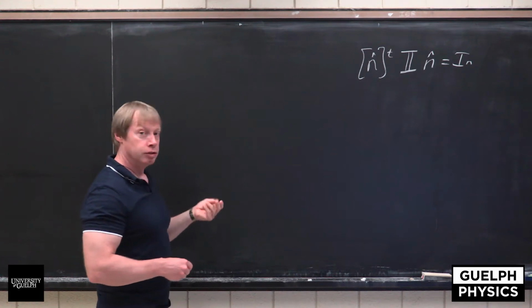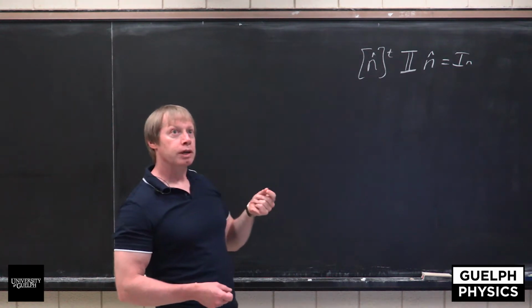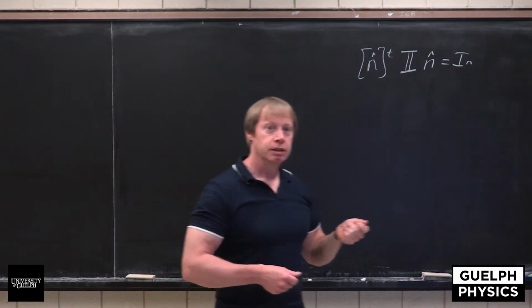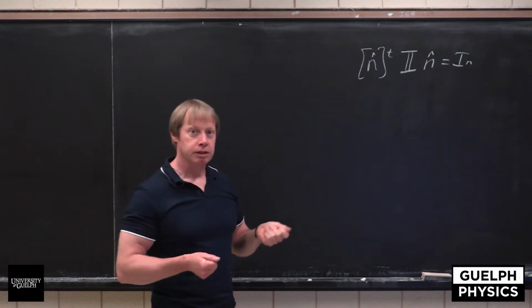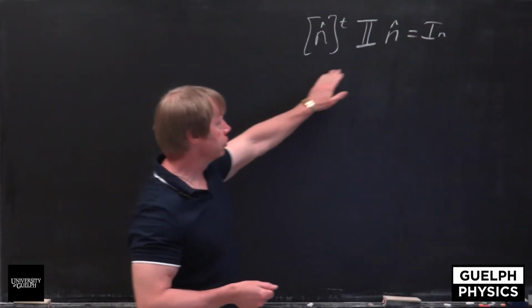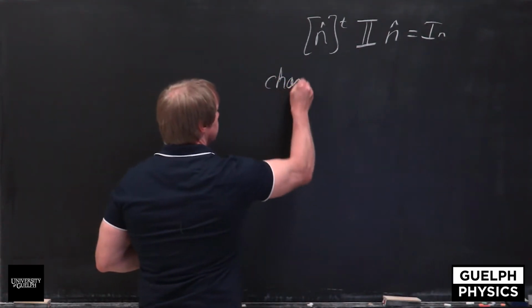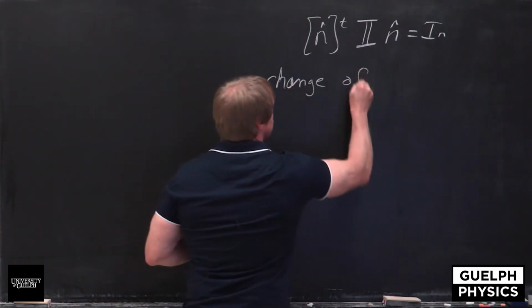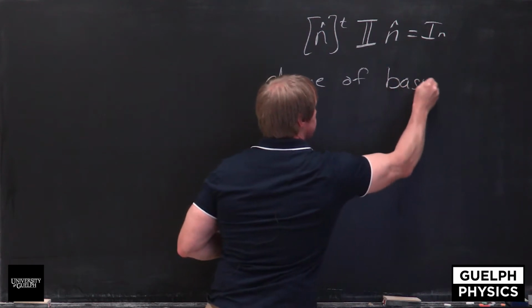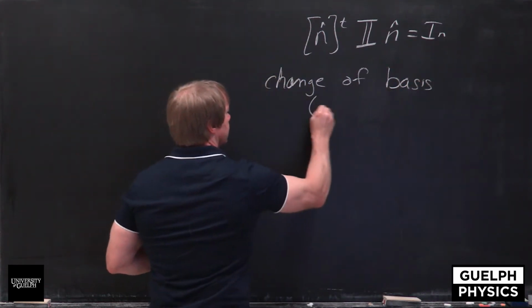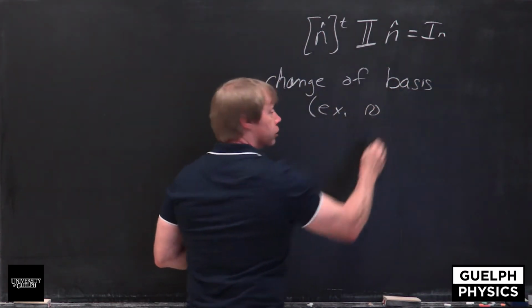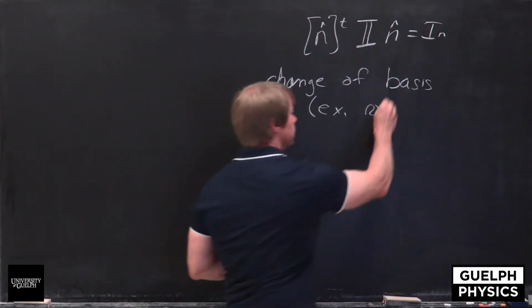Now what we want to do is to find a way to work out the inertia tensor for any particular basis transformation. So we want to look at a change of basis. So this could just be a rotation.